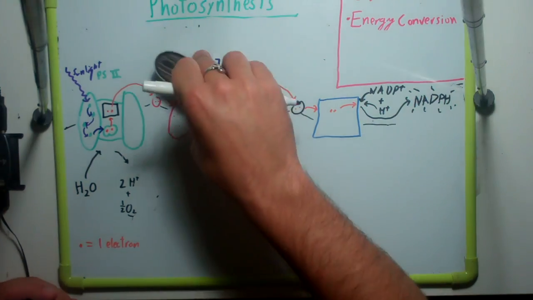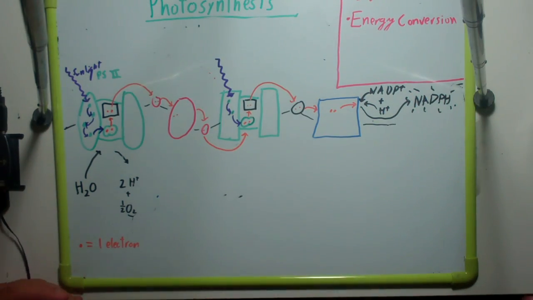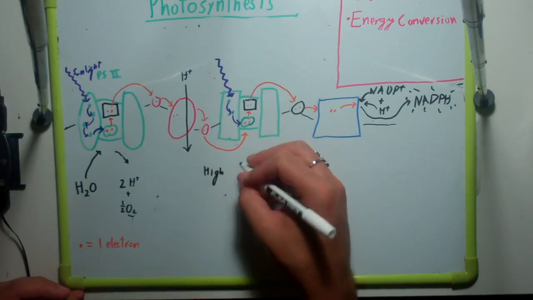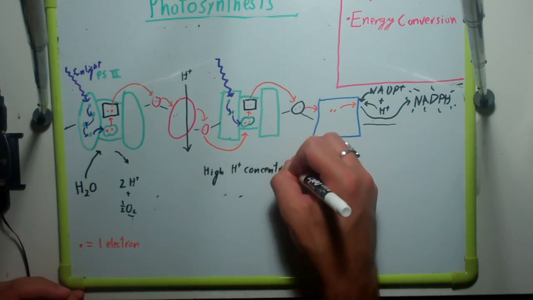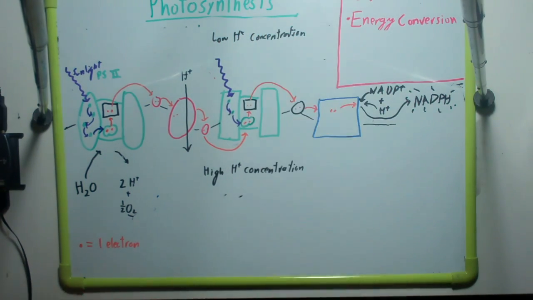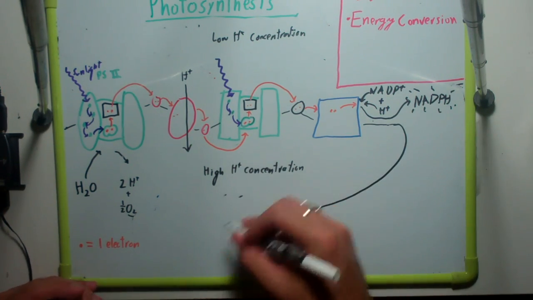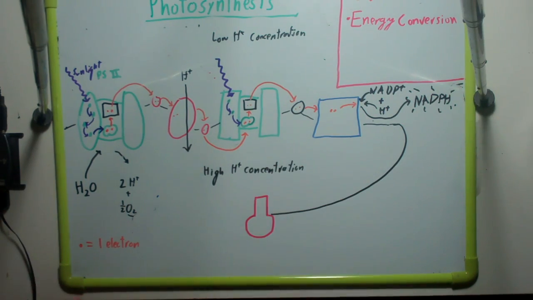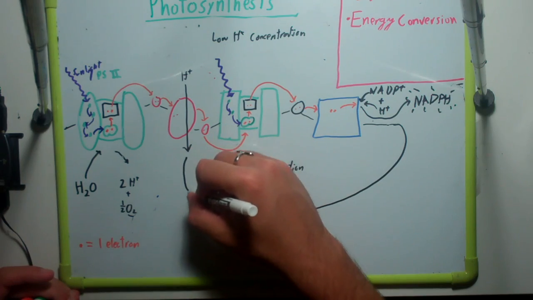So why did those electrons lose energy in the first electron transport chain anyway? It's because they were doing work to pump hydrogen ions into the interior of the thylakoid membrane, against the concentration gradient which exists, with a low H plus concentration outside and a high H plus concentration inside. The reason this gradient exists is because the H plus will then flow through this molecule called ATP synthase.